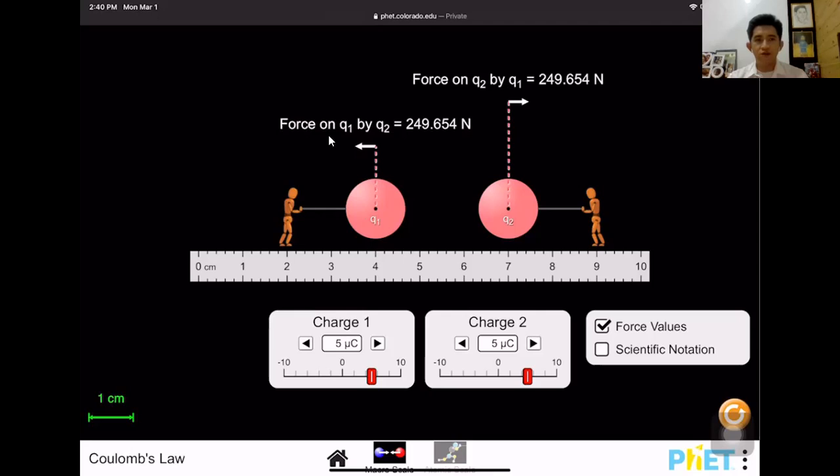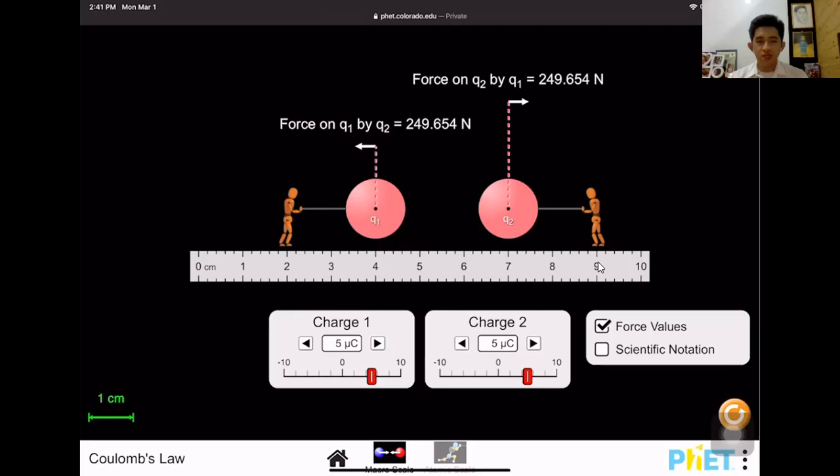The force on Q1 by Q2 is the force exerted by Q2 on Q1, which means it is the force exerted by this charged particle on the other particle.